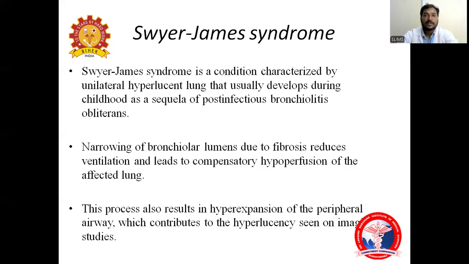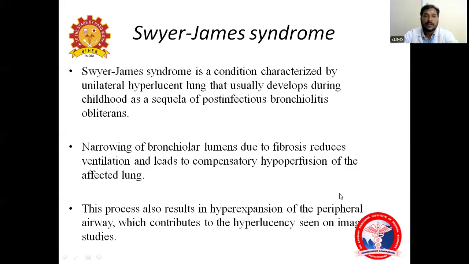Coming to Swyer-James syndrome. Swyer-James syndrome is a condition characterized by a unilateral hyperlucent lung that usually develops during childhood, and it occurs as a sequela of post-infectious bronchiolitis obliterans. So this is an acquired condition that may be due to an infectious etiology.